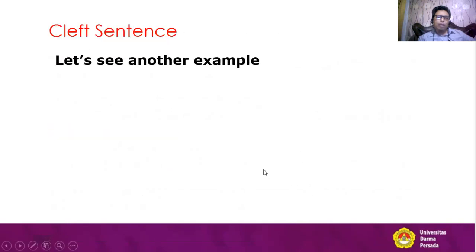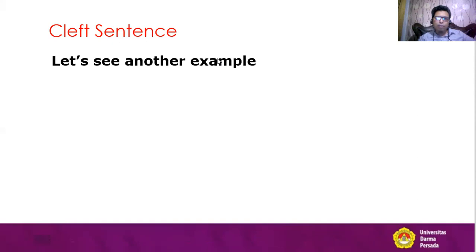Okay, we go on. Let's see another example of a cleft sentence.